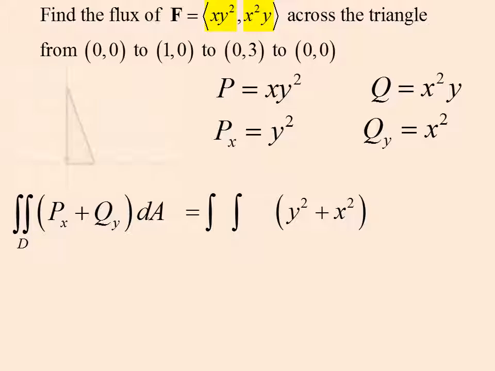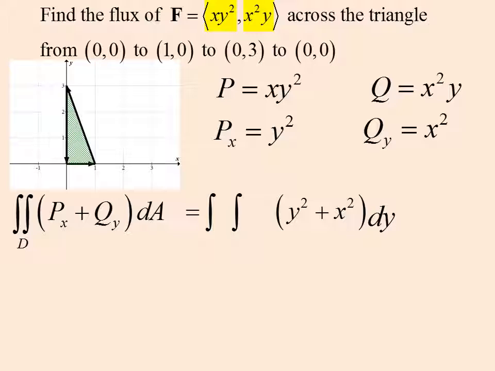Now to describe the region with those vertices, we'll do that in rectangular coordinates. We'll let our y's go from 0 to the line 3 minus 3x, and then our x's would go from 0 to 1. And again, we can just type that into our calculator.